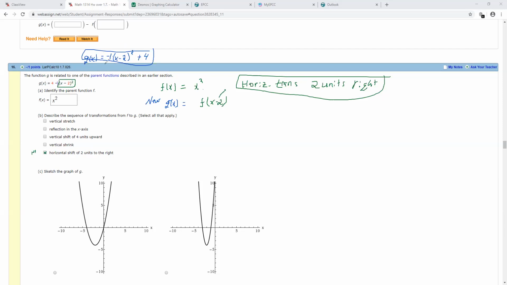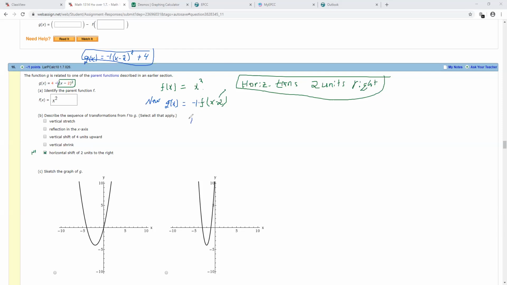Yeah, this is the next thing, the second thing. So the second thing is a multiplication of negative 1. So that's going to go right here. Multiplication of negative 1. And it's not inside next to the x, it's in the front.